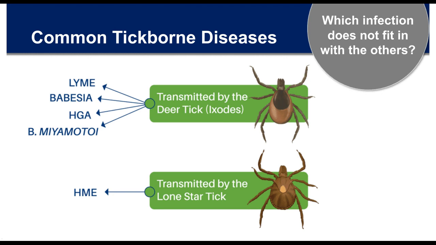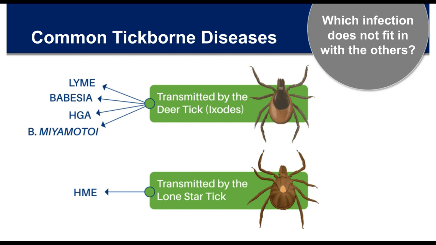That's where the tick's name comes from. It has nothing to do with this tick being from Texas, which it is not. The reason it's important to know that different vectors transmit different TBDs is because in different regions of the country, some ticks are more prevalent than others. Some regions of this country have no deer ticks.